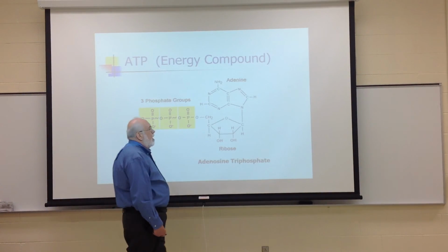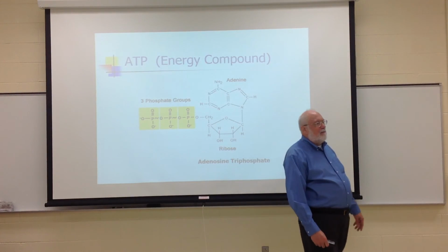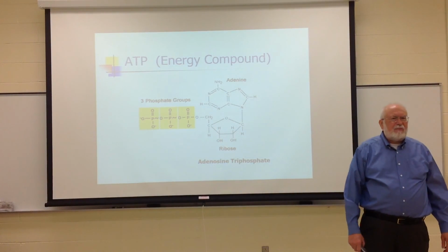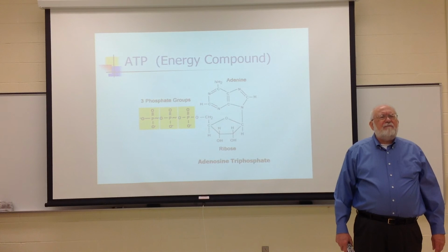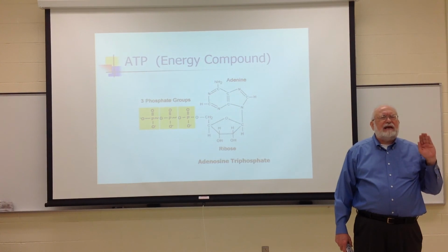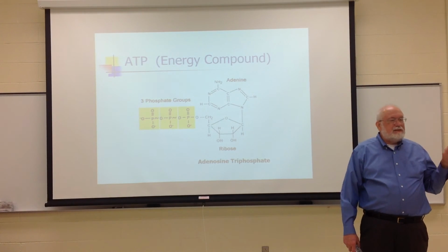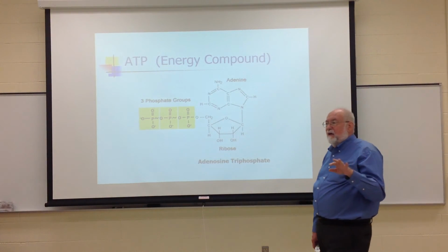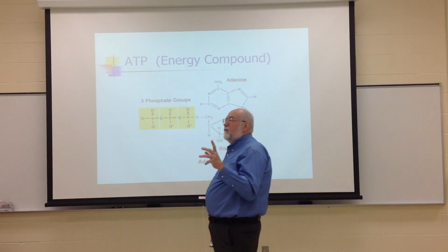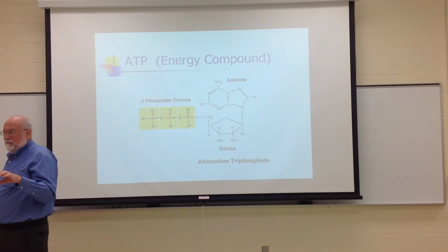And then we got one more category, and that's an energy compound. Now, what about those? Energy compounds are there as a way of storing and releasing energy. They're substances or molecules that are in a cell, and their whole reason for being is storing and releasing energy.